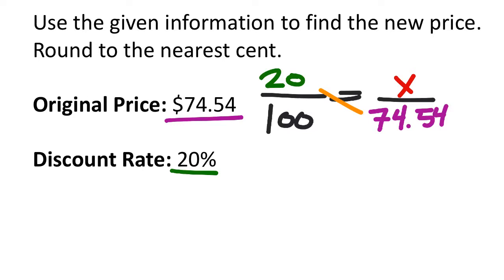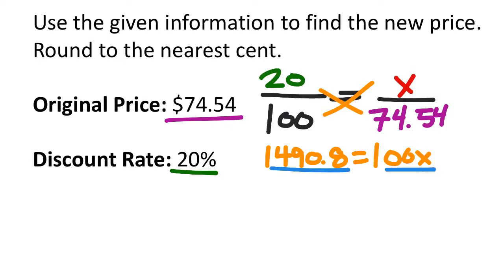So 74.54 times 20. Putting that in the calculator. 1490.8, that's okay. And that equals 100x.